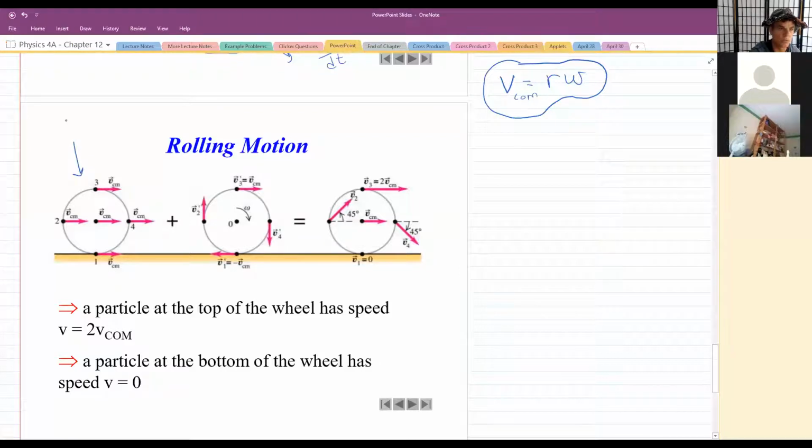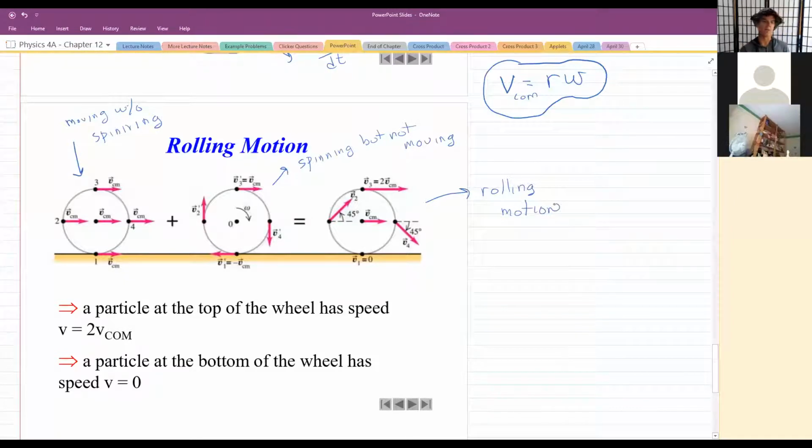This is the wheel moving without rolling, moving without spinning. This would be the wheel spinning, but not moving. And then rolling motion is really just a combination of those two.